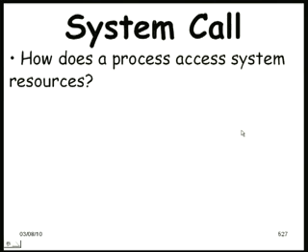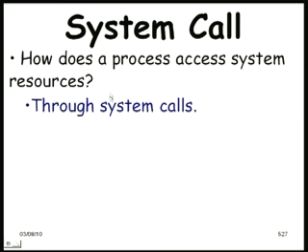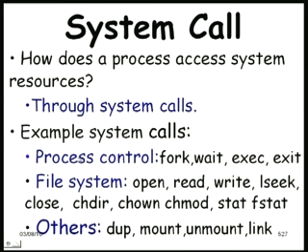Now, how does a system access its resources? Through a system call, this we are discussing. A user process can access system resources through system calls. A user process cannot directly manipulate the resources. It can only make calls to the operating system, and there are many examples of system calls.